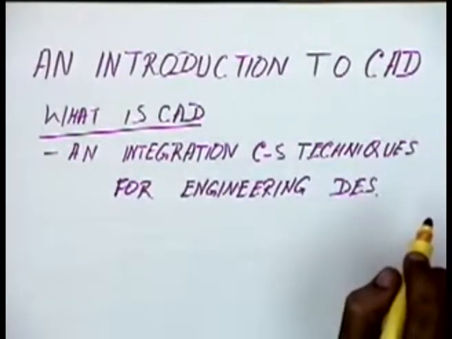What that means is any kind of use of computers in the design activity is referred to as computer aided design. This includes a wide variety of usage. This includes a wide variety of techniques that are used. Some are computer graphics techniques, some are simply using computers as programming tools.